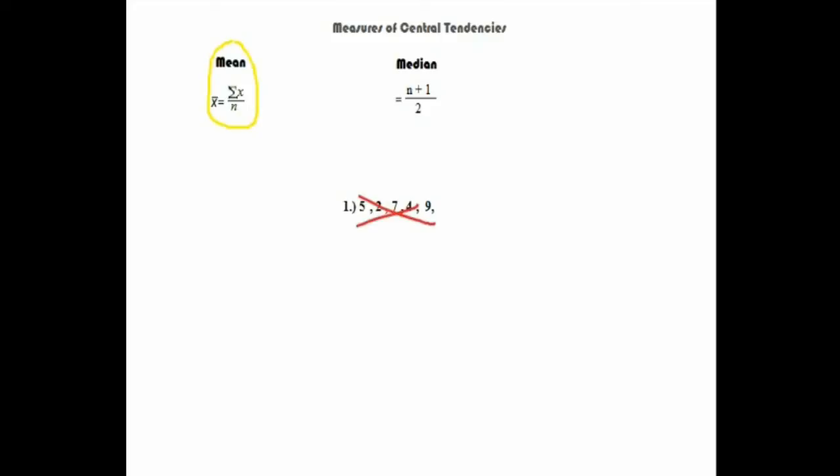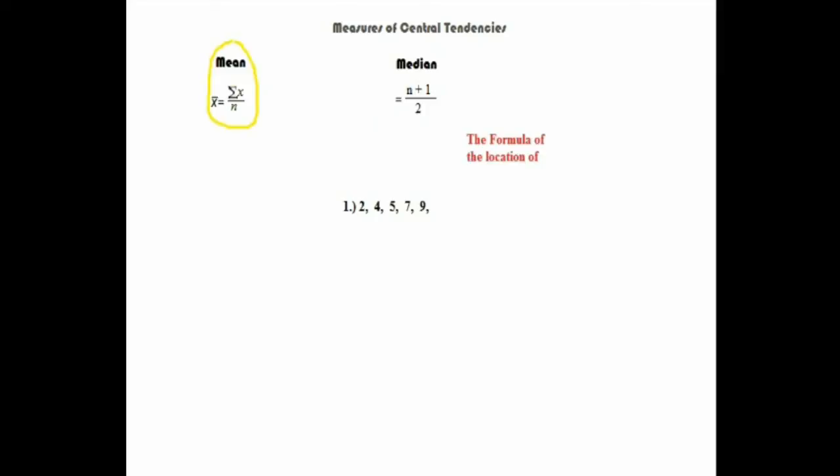The smallest number is 2, then comes 4, then 5, then 7, and then 9. This is such an easy example because it's so small. We can see that the median then is 5. That is the median because it is the middle entry in a set of ordered data.